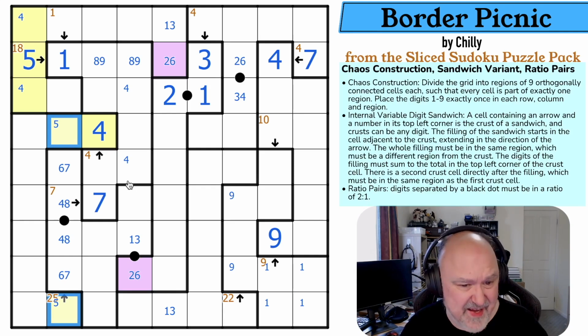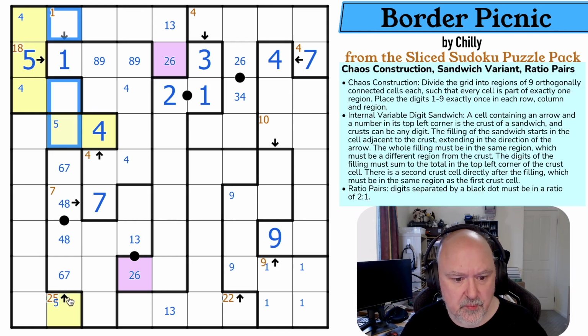with something else. Which can't be purple. What is this quadruple? 2, 3, 5, 9.